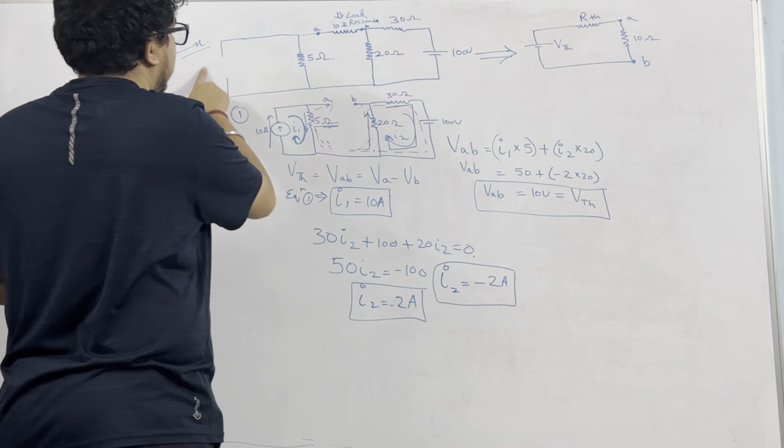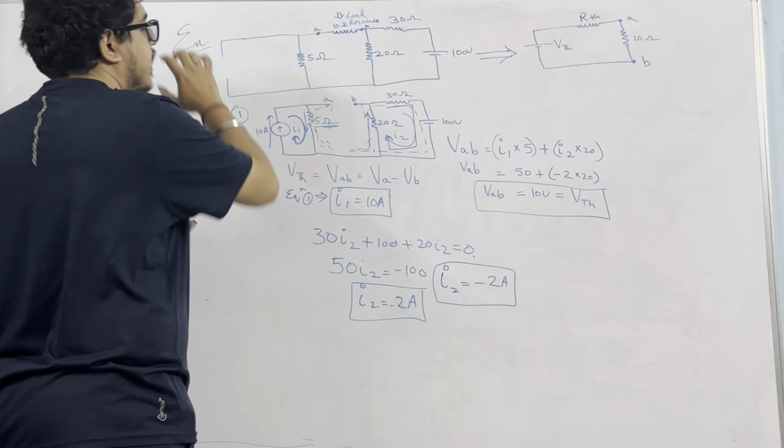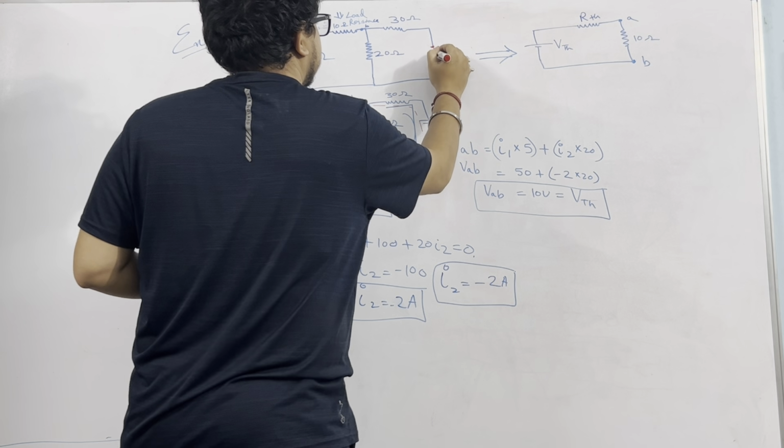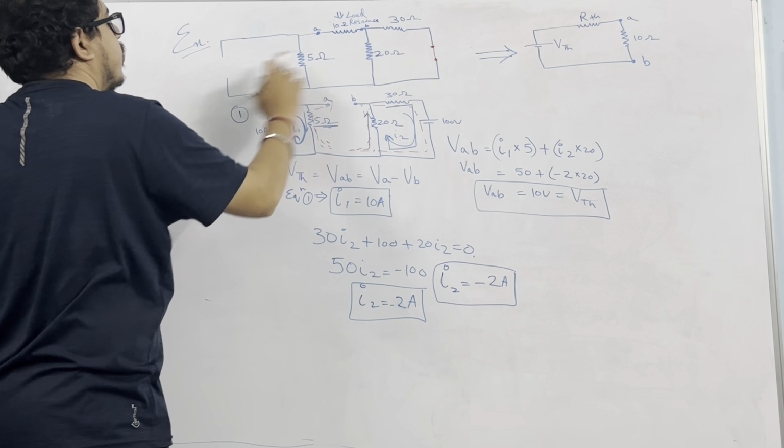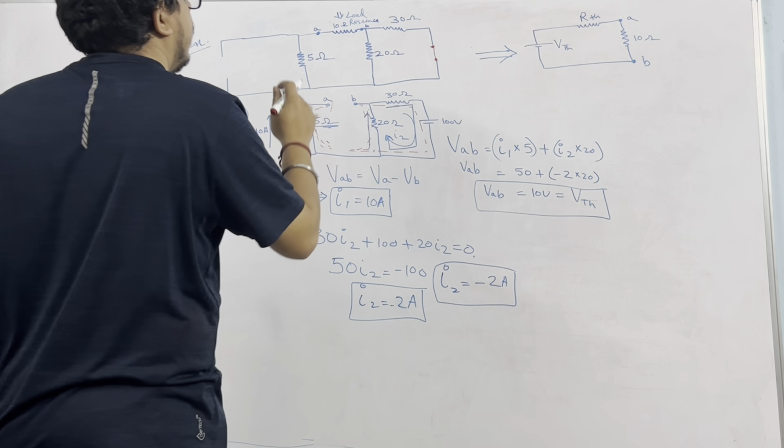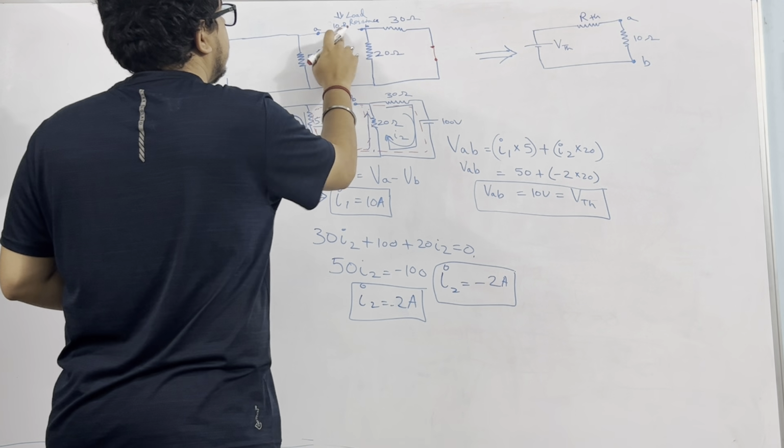Remember the steps: I open circuit the current source and short circuit the voltage source, and also remove the load.